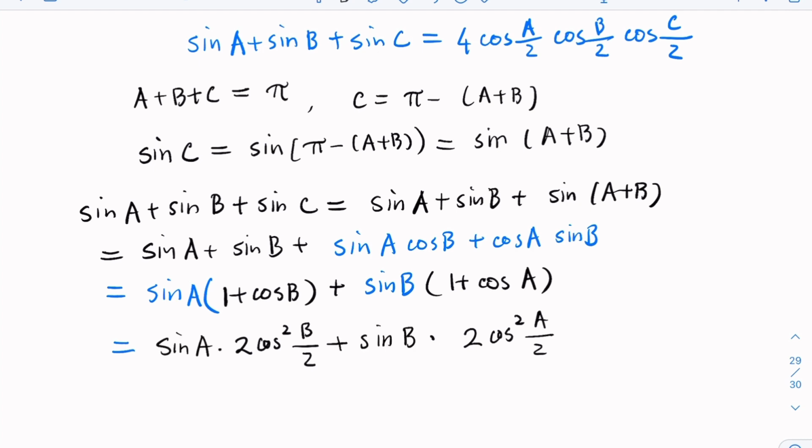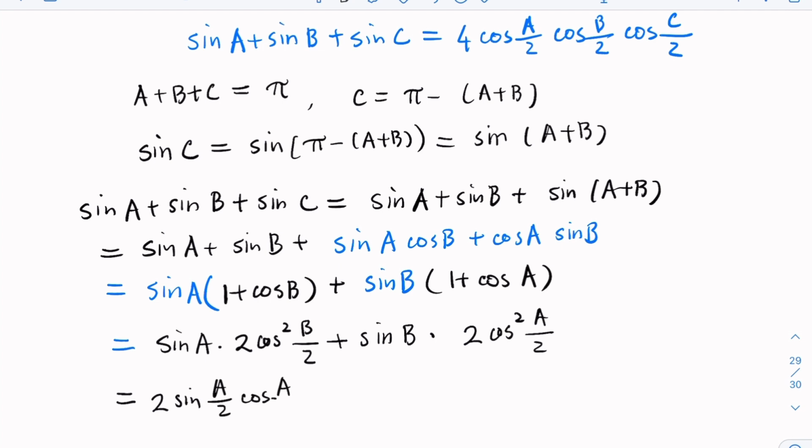We're looking for an expression in the half angle, so here we have a whole angle that we're going to replace with a double angle quantity. So that would be equal to sine A over 2 cosine A over 2 times 2 cosine square B over 2 plus, similarly, we use the double angle.